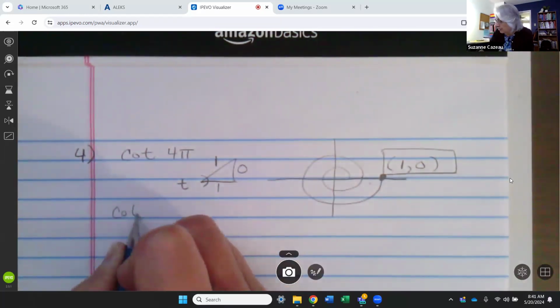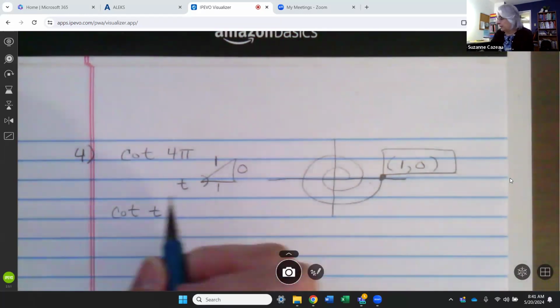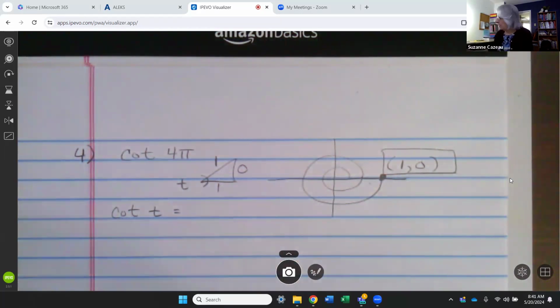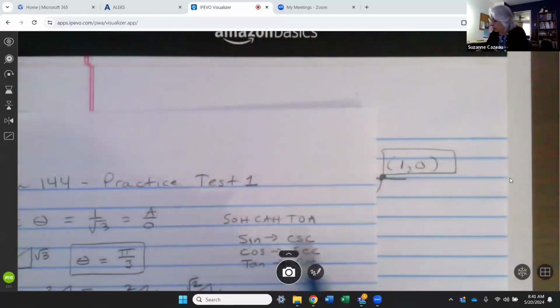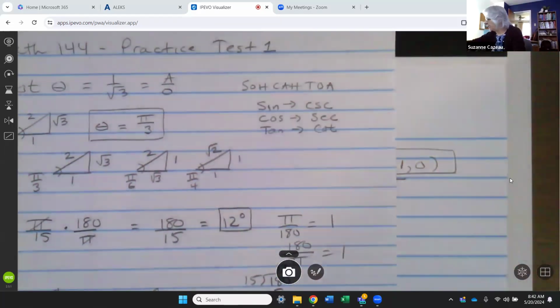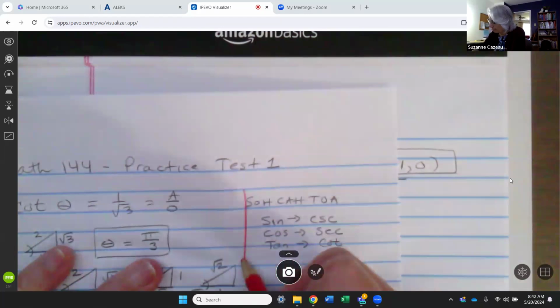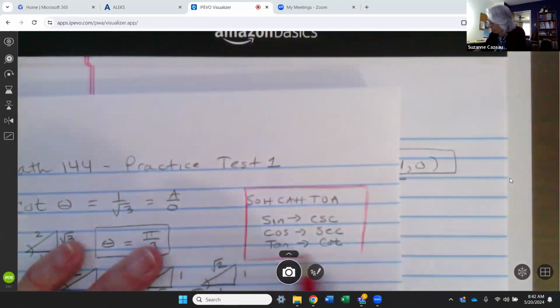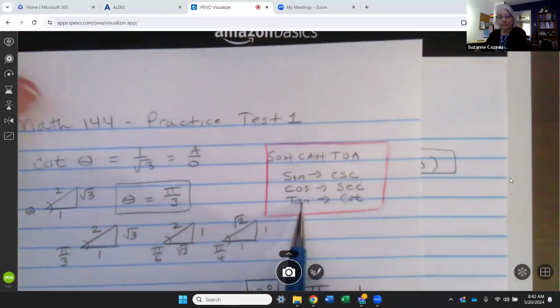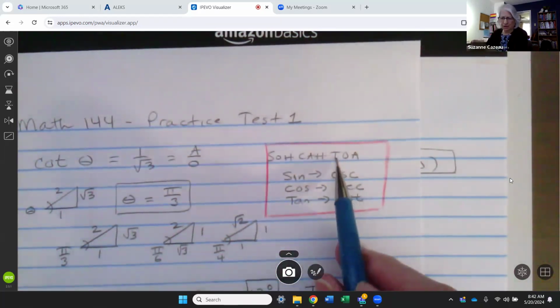And then the cotangent of this angle here is going to be what? Well, if we use this again, cotangent, I should put a red box on that, right? So the cotangent is the reciprocal of tangent.